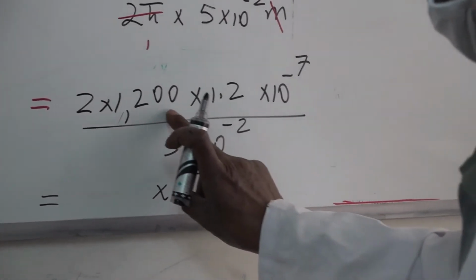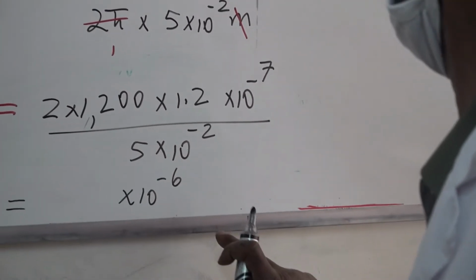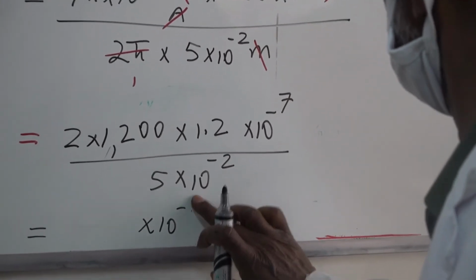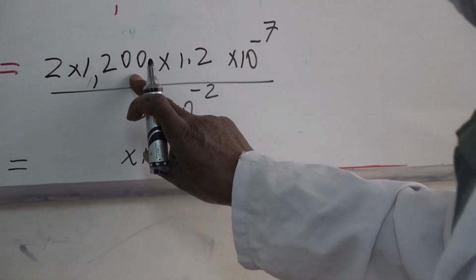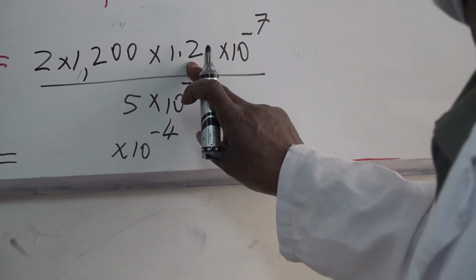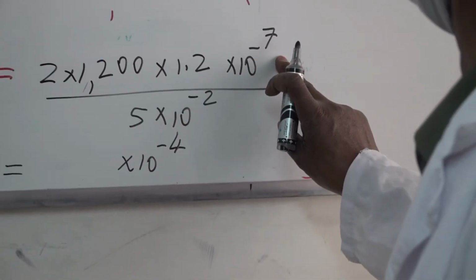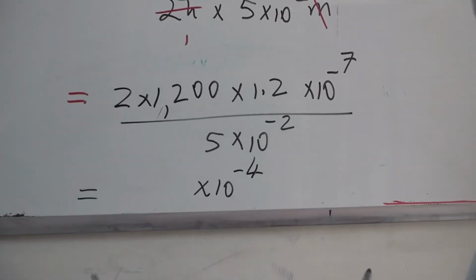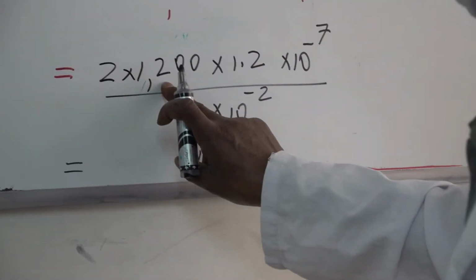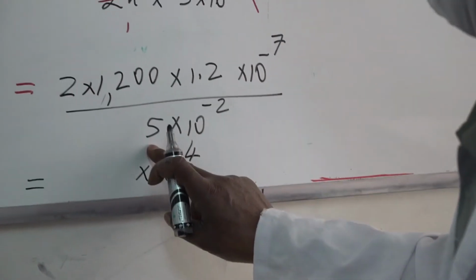We have 2 zeros here, so the better thing would be to write down 10 to the power of minus 4. Positive 2, minus 1, positive 1, negative 6, minus 2 again, negative 4. So what do we have here? 12, 12 divided by 5.